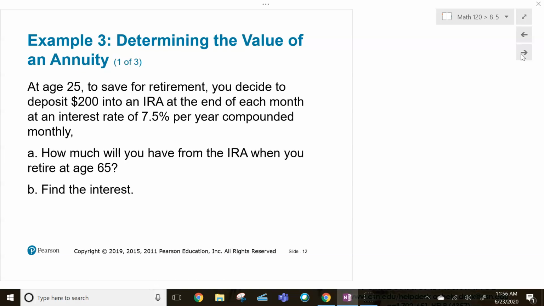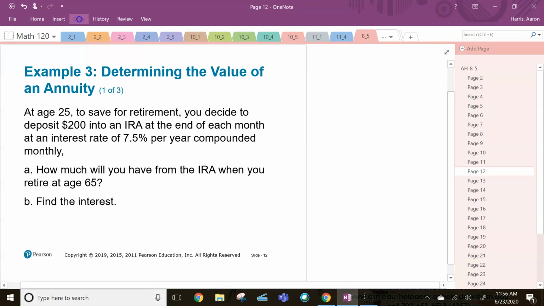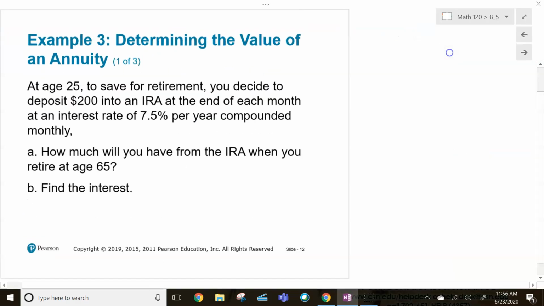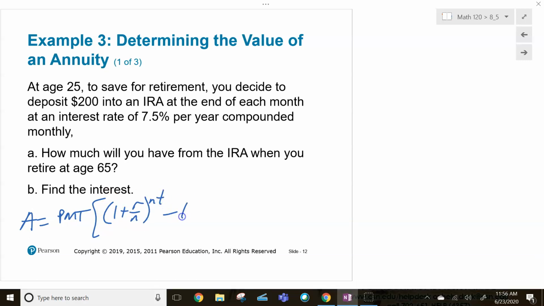Well, first of all, before I do the financial calculator, I'll give you at least the setup for those that want to do the formulas. I know there are some of you that do like the formulas. So if you're doing it with the formula, you'd say the amount I have at the end is your payment, capital P, 1 plus R over N to the NT minus 1 all over R over N.